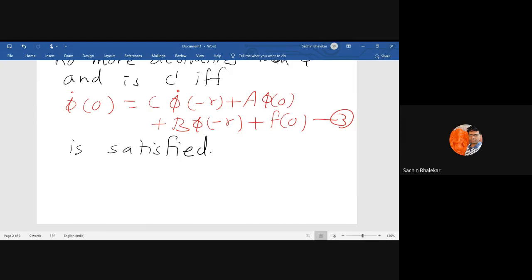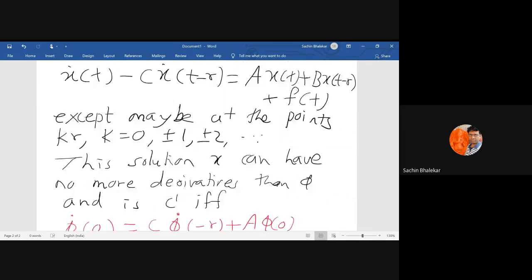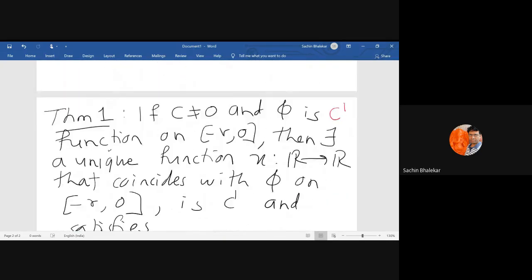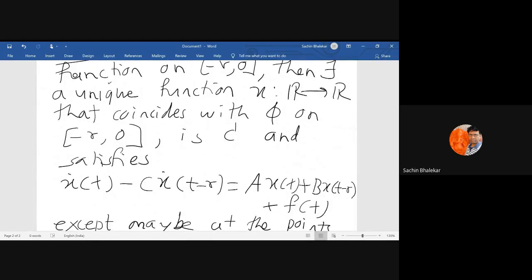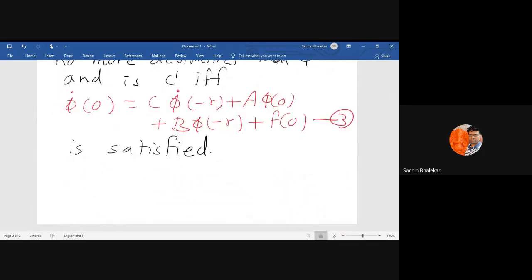We are not going to see the proof of this result. It is analogous to the similar result in the previous section. We can use the variation of constants formula to prove it. So let us write down some important notes or remarks.